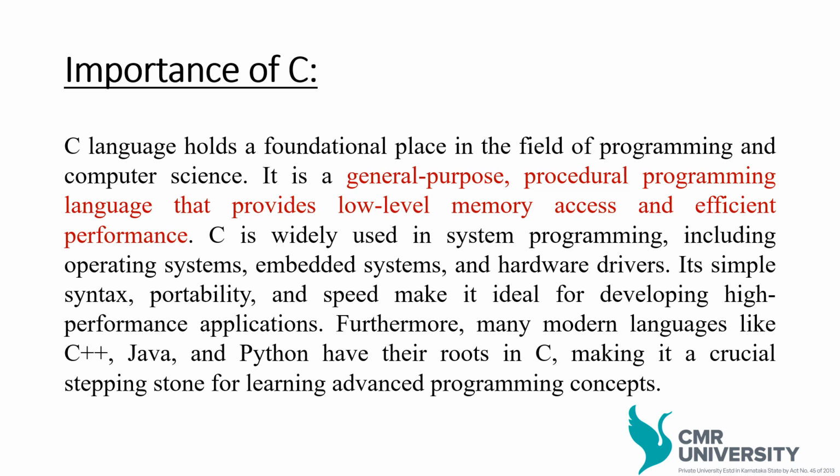It is a major and first introduced language in the field of programming and computer science. It is a general purpose procedural programming language that provides low level memory access and efficient performance. C is widely used in system programming, including operating systems, embedded systems, hardware drivers.